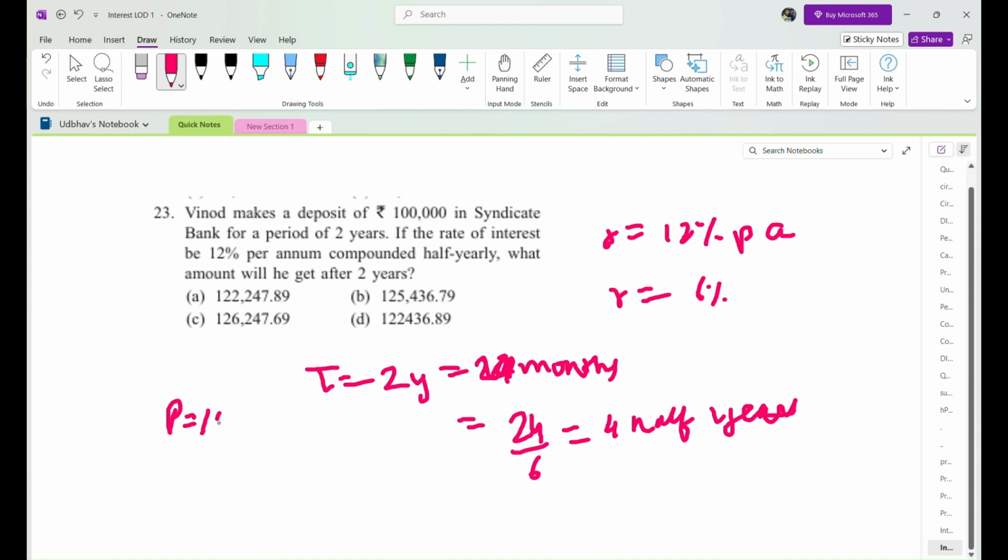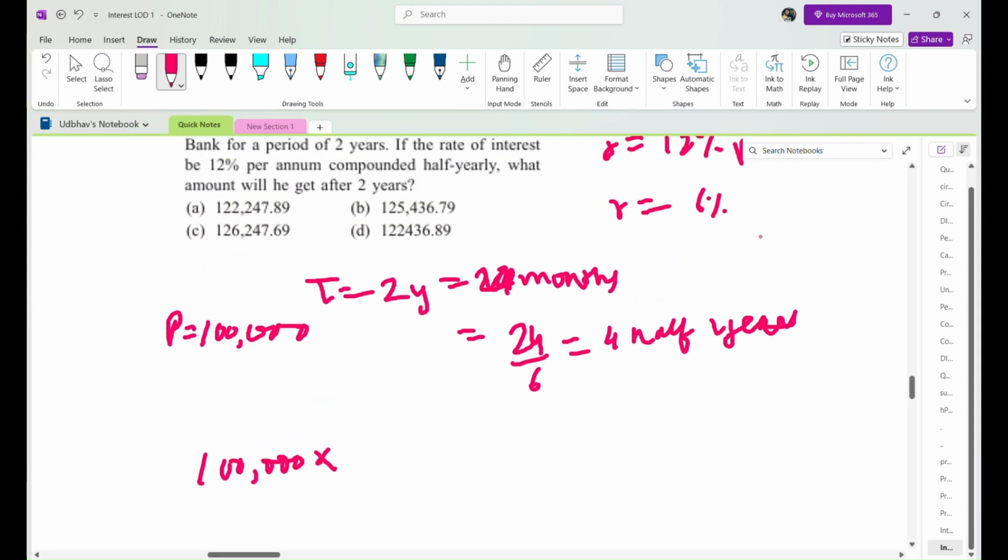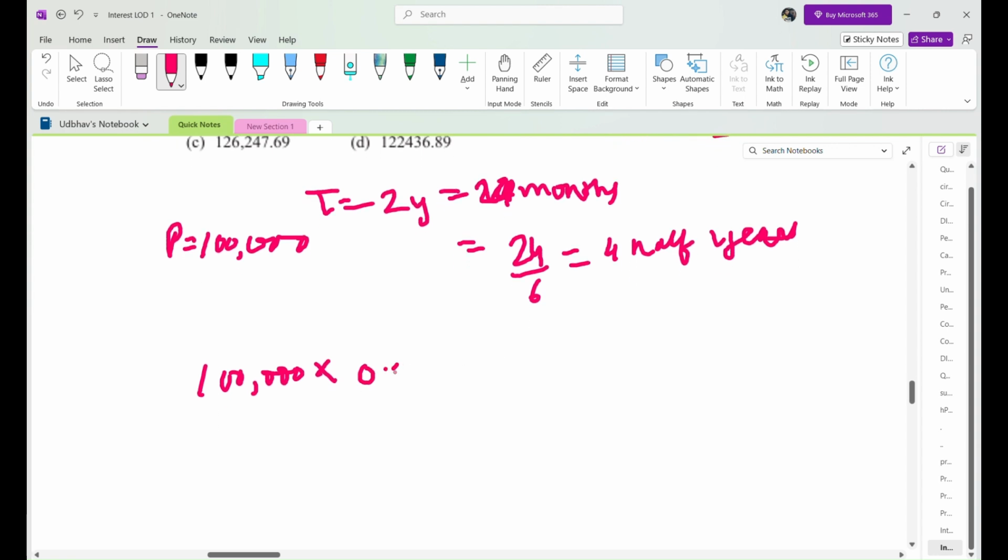The principal amount was 1 lakh, right? We have all the information. So for a sum of 1 lakh at a rate of 6%, we'll be getting 6,000 rupees.